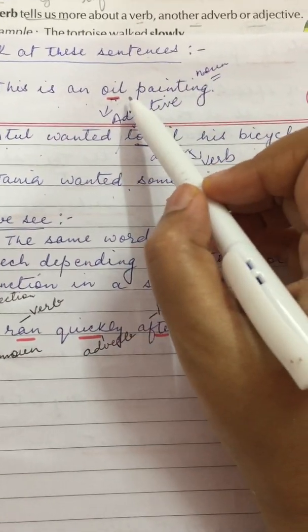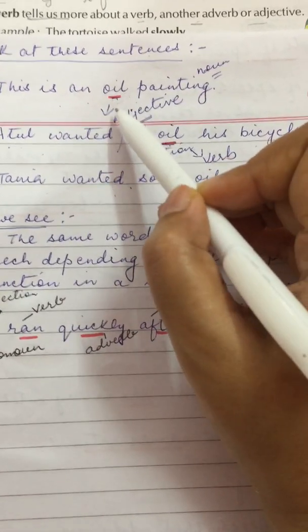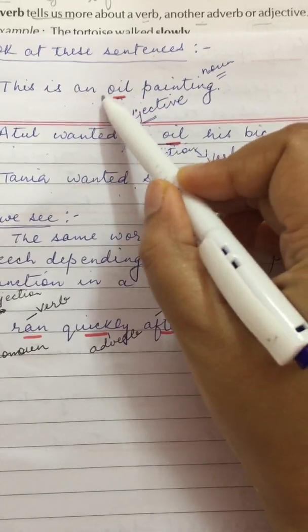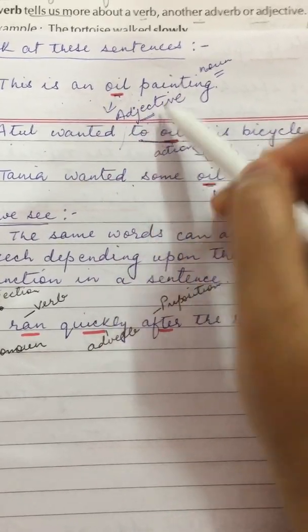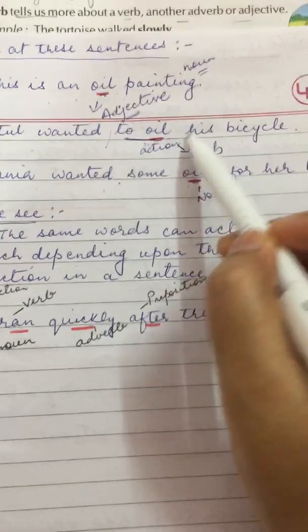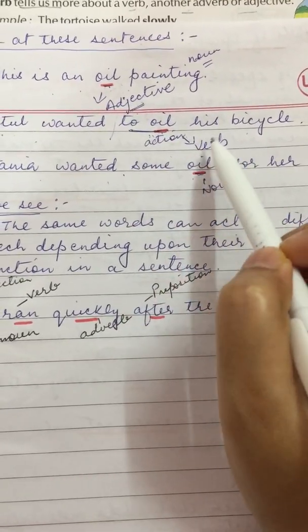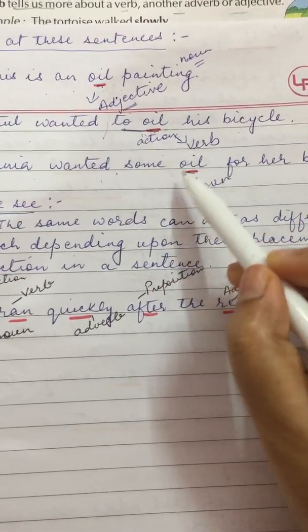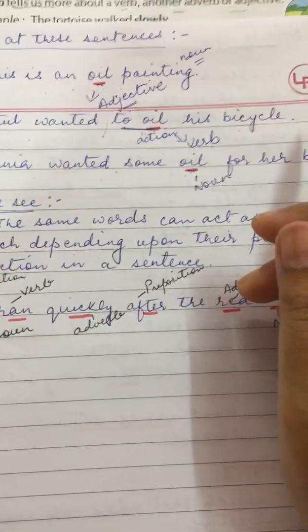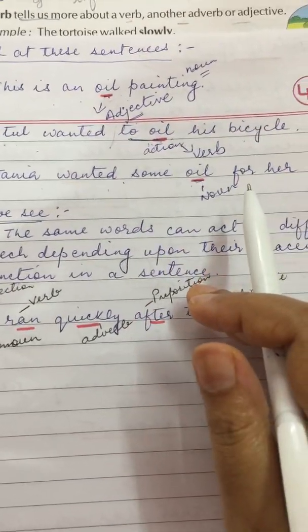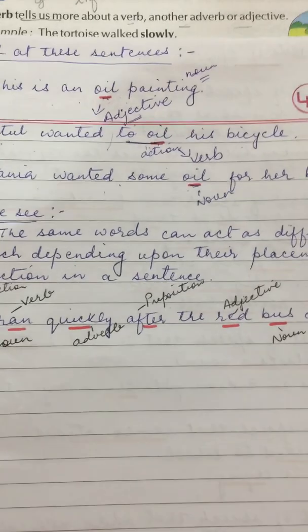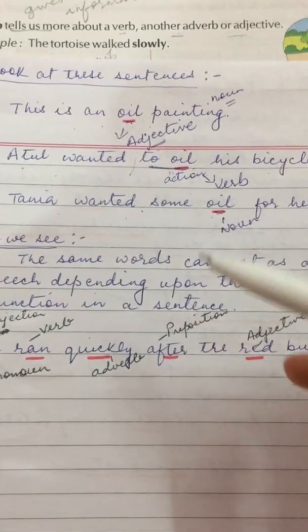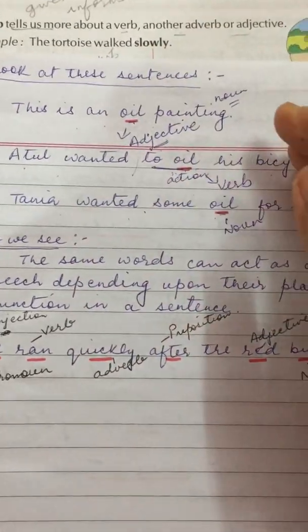So you can see it now. In the first sentence, this word oil was functioning as an adjective, while in the second sentence, it was functioning as a verb, and in the third sentence, it was acting as a noun. So you can know the difference now. So in this way, a word can have different functions.